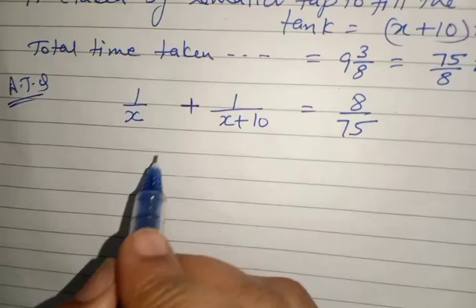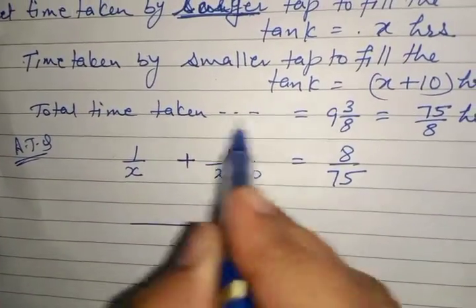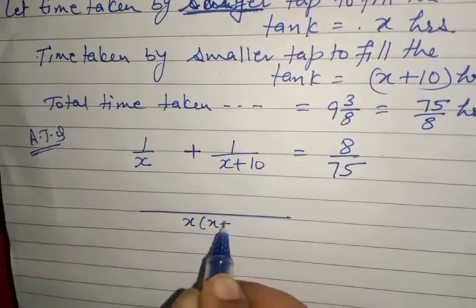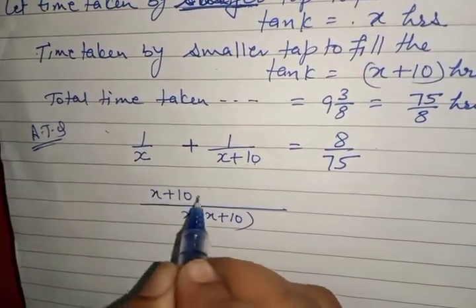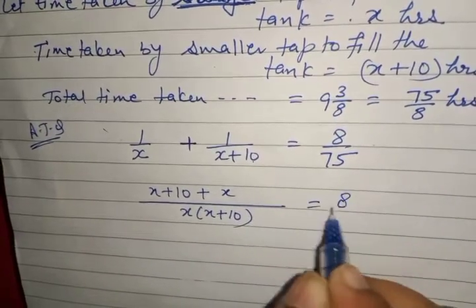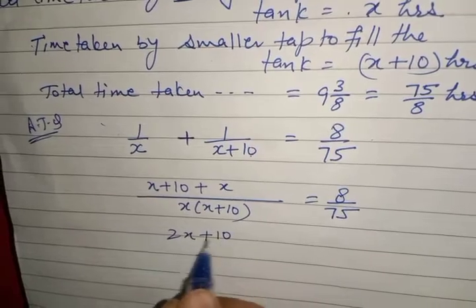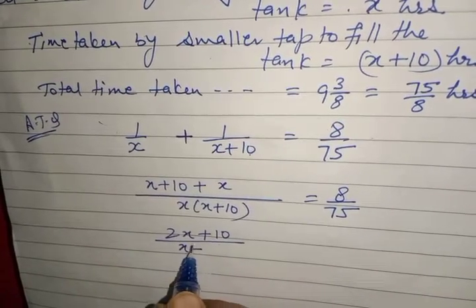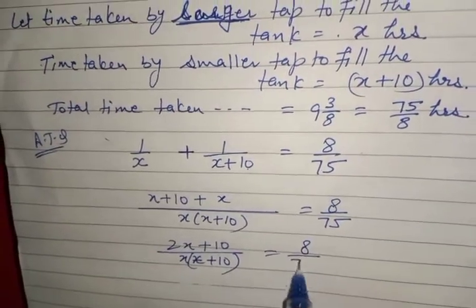Now we'll solve it by taking the LCM. So this is the equation for 1 hour only. It's x plus 10, and this will go here. Just now I told you how to take the LCM. It is 8 by 75. x plus x is 2x plus 10 upon x times x plus 10 equals 8 by 75.